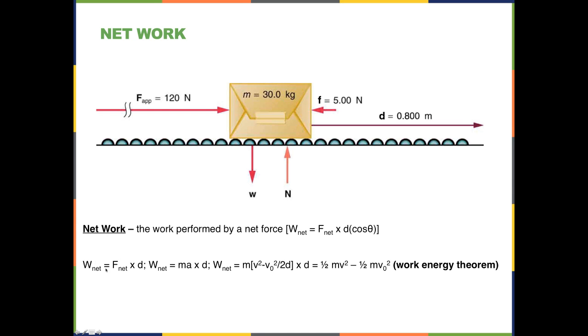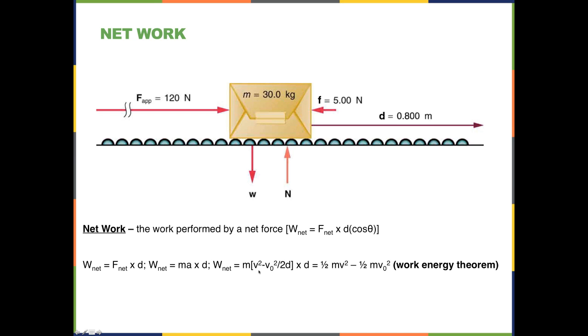Now, if you take that equation that we just wrote, and let's just assume for a second that we don't have to think about the cosine theta, you can express the net force as the mass of the box times the acceleration of the box. So you can change this equation and make it look like this. And then using equations that we had in the previous chapters, this acceleration can be expressed as the difference in velocity squared divided by 2 times the distance.